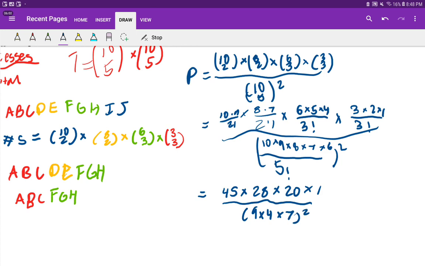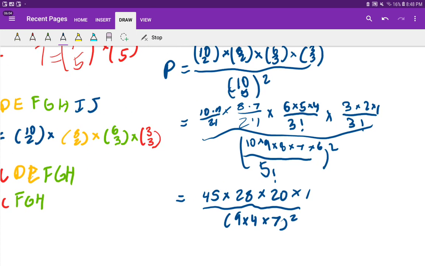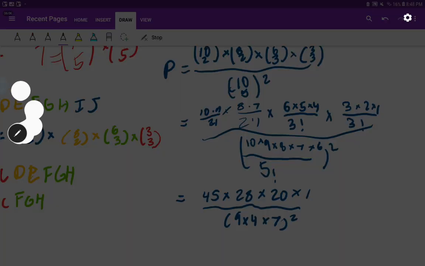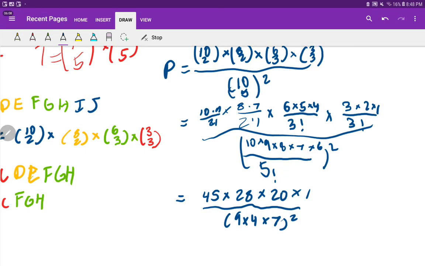So now we can start canceling terms. So instead of writing this as 9 times 4 times 7, we can write this as 9 times 9 times 4 times 4 times 7 times 7. Okay, so first we can cancel out one of the 9's with 45 to leave a 5. We can cancel out one 4 with 28 to yield 7.